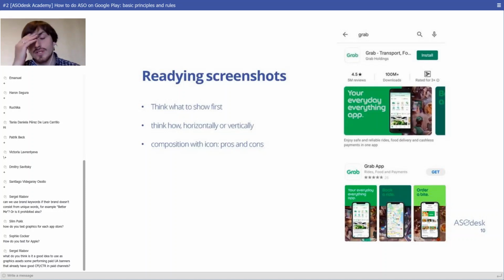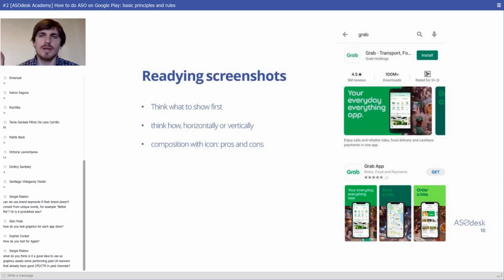Why? Imagine that some user saw your app on Google Play in a similar apps window. If the user tapped on your icon, it means the user felt something when they saw your icon and your app title. So the user already got a lot of information about your app and wants to get more.